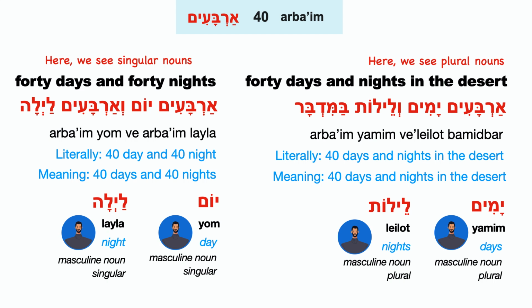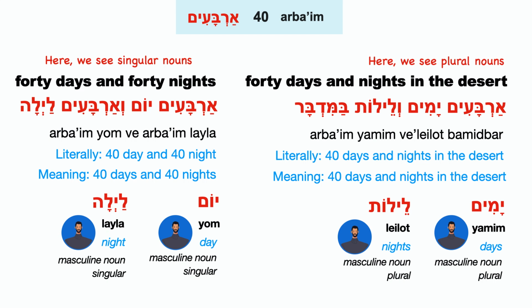That's correct. We can say that that means 40 days and 40 nights, because the rule says that we can choose to use the singular or the plural forms of the items being denoted if it's above 10. So 40 yom ve-40 layla. This is the option to use the singular nouns. So layla means night and yom means day, both in the singular form.